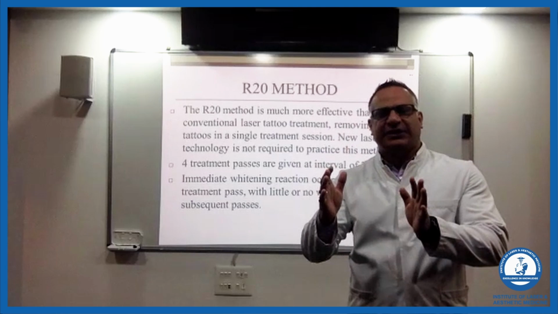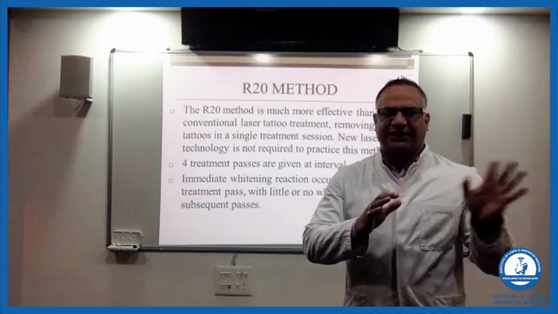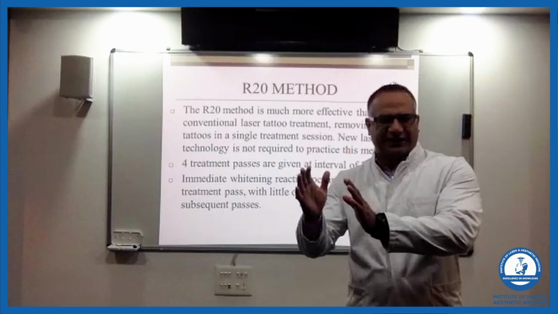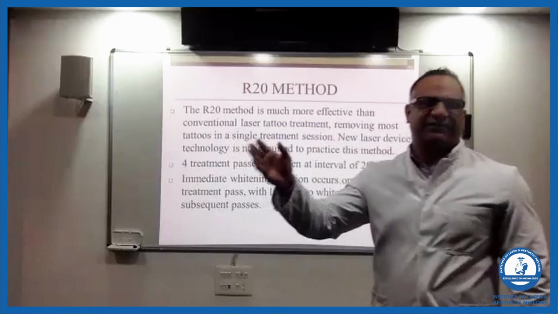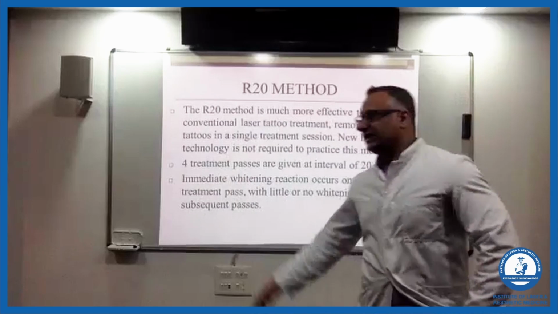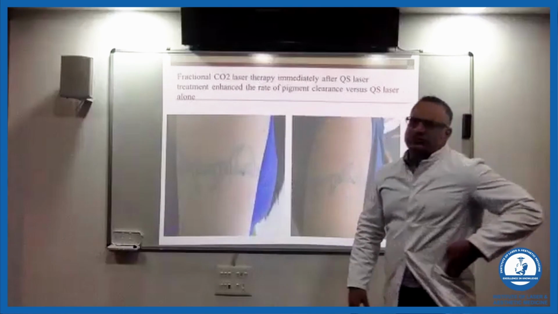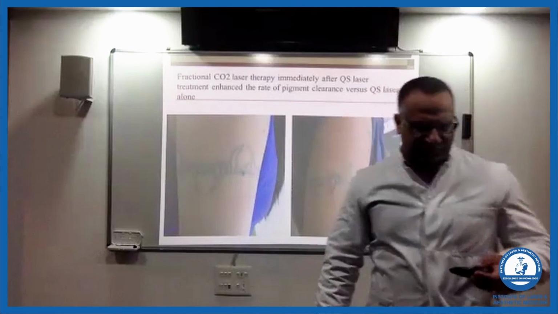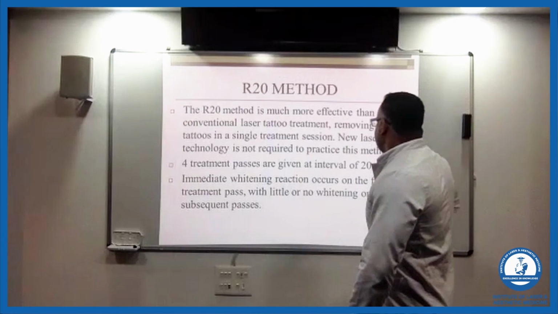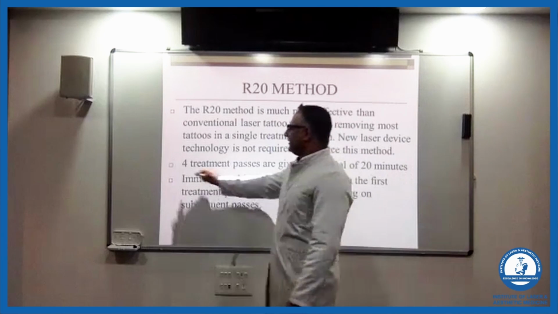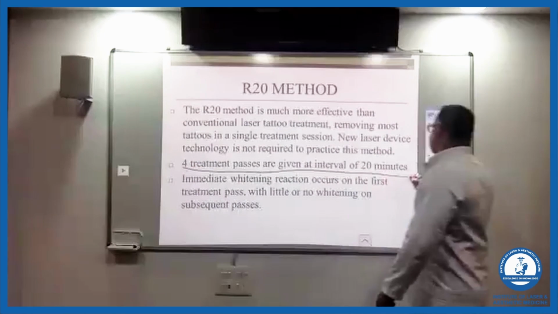You wait for 20 minutes, that phenomenon disappears, that whiteness will go away, and then you fire again. No IWP. You wait for 20 minutes, fire third time, you wait for 20 minutes, fire fourth time, that is R20. Normally, if you see, R20 could be very aggressive actually for a normal patient, you won't be really able to do it, and so on. All right, so 4 treatment passes are given at an interval of 20 minutes.